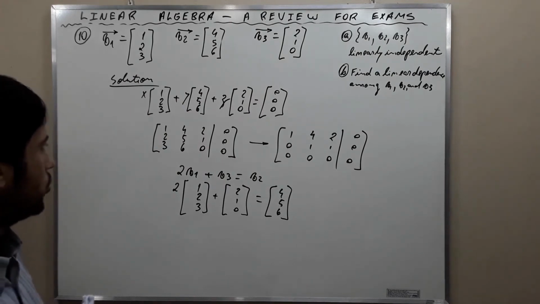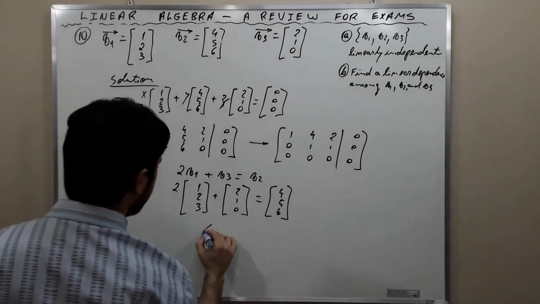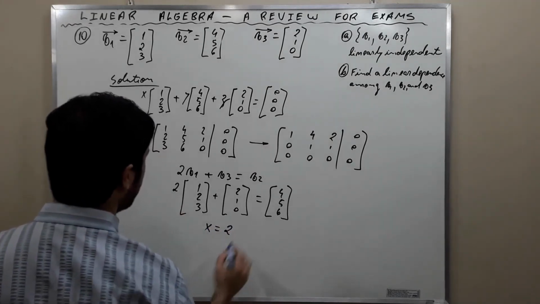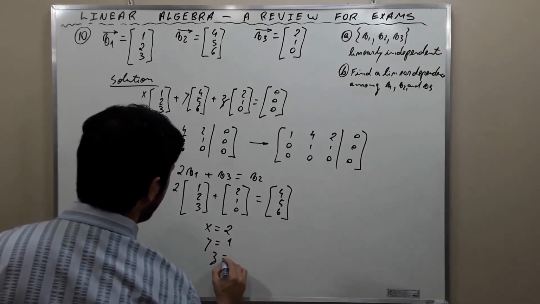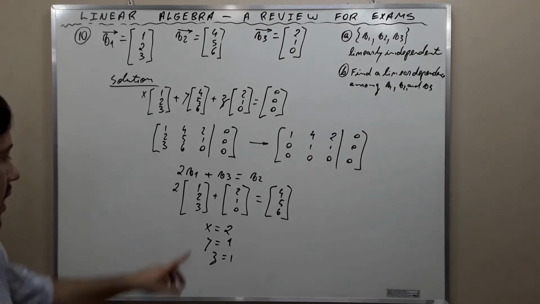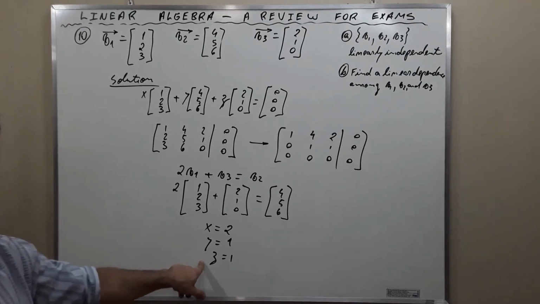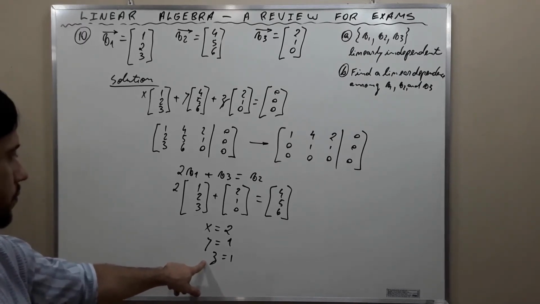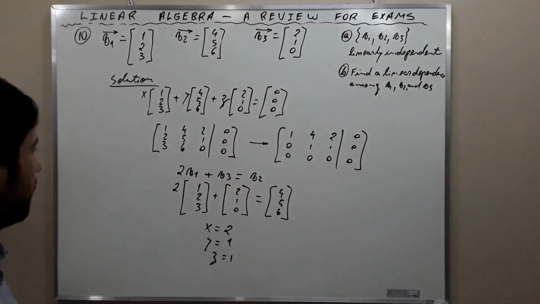Alright? So if x is equal to 2, y is equal to 1, and z equal to 1, we have proved that there is this triplet that makes this, okay?